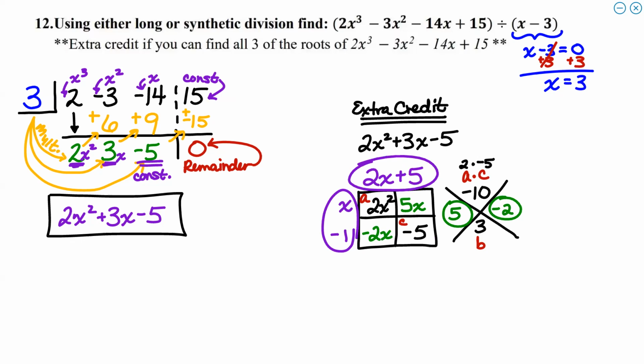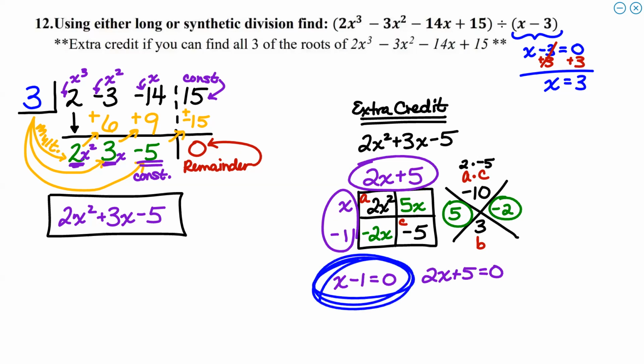How do I get the rest of the extra credit that I want? Set them equal to 0. So x minus 1 equals 0. 2x plus 5 equals 0. Let's do this one first. What do I do to solve that one for x? Add 1 to both sides. So x equals 1.